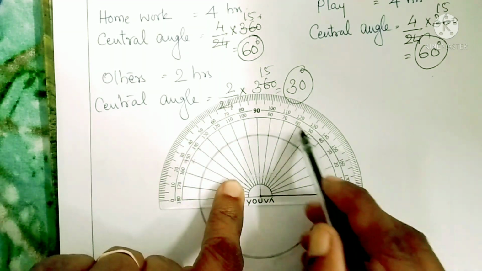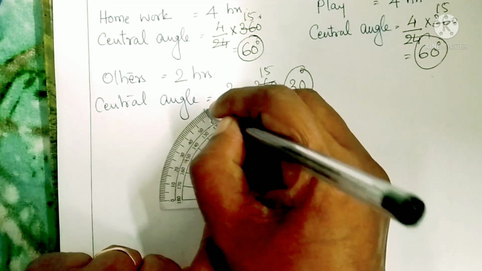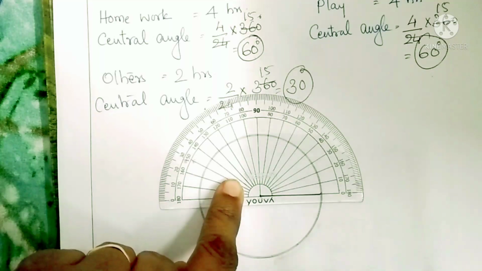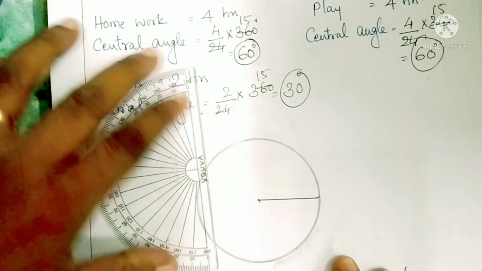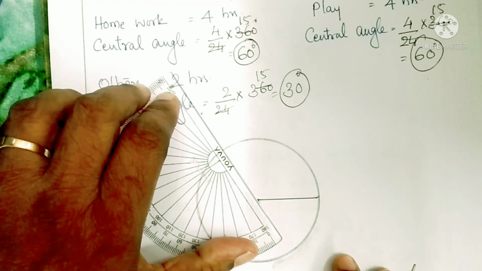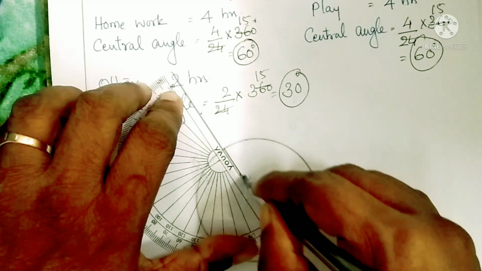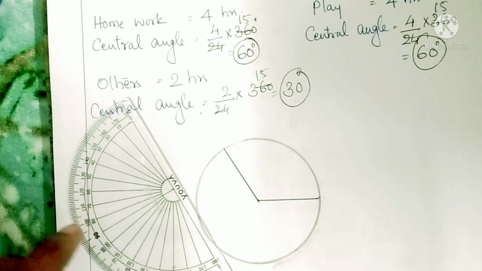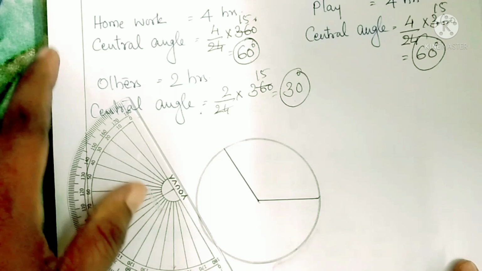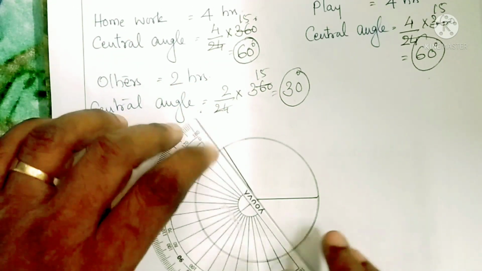So 0, 10, 20, 30, 40, up to 100, 120 is here, and then join that point to the center. If you join till the circle, it will do. No need to draw till there, and then you need to rotate the circle, or you can keep it like this.